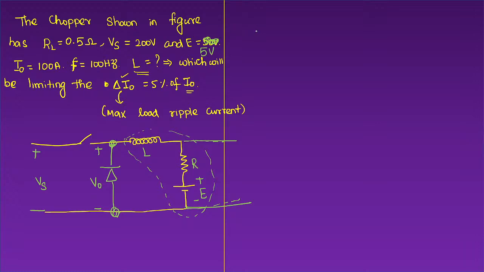What is the maximum ripple current? Del V naught. Anybody?